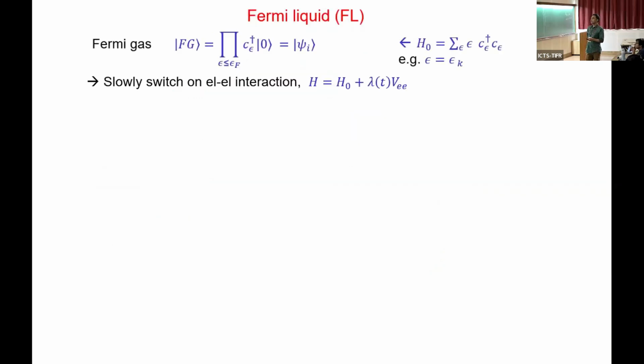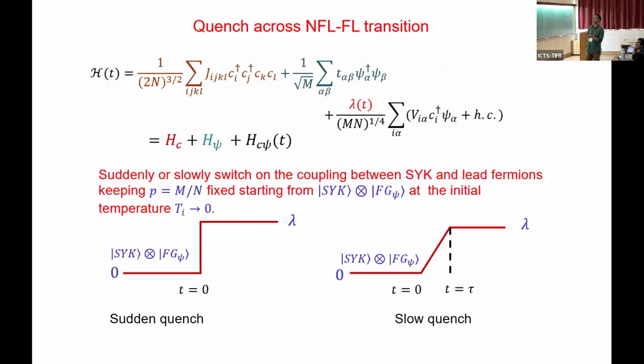And so what you expect here is that these lead fermions give another advantage, because they originally have some kind of a density of states. So it has some single particle levels, which I am denoting with epsilon, because if you diagonalize this, you will get some single particle levels epsilon.